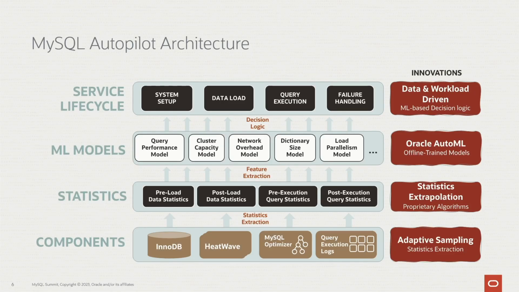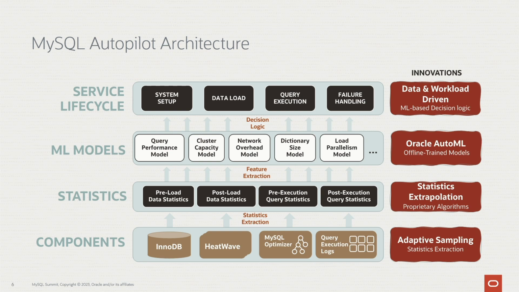So this is just a high-level overview of how we went about building our models. In order to build any intelligent machine learning model, we need to look at a lot of data. And where do we find the data? For that, we look at a lot of the InnoDB tables. We look at HeatWave tables.